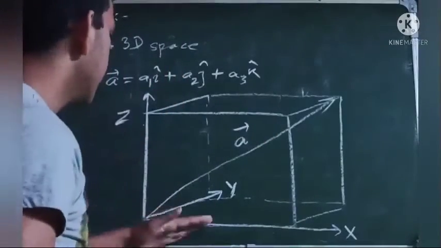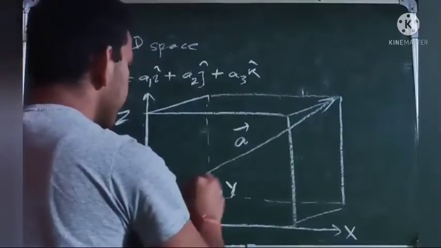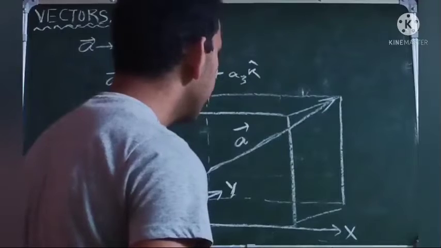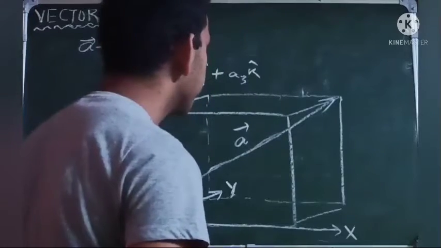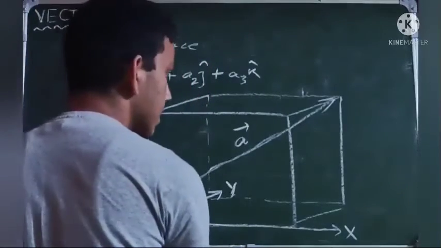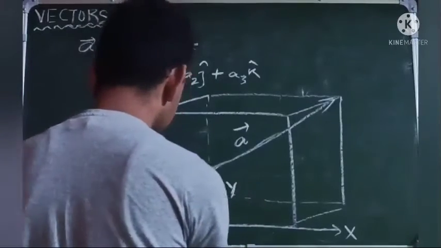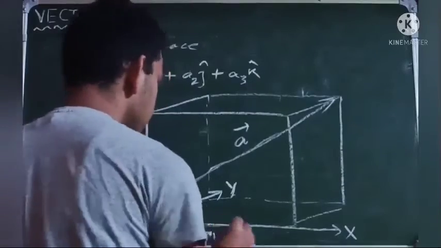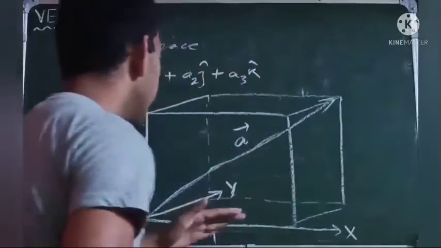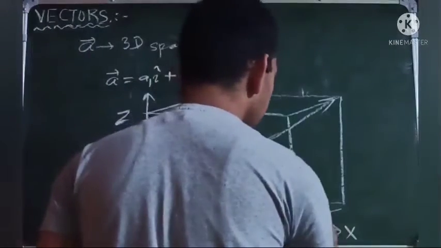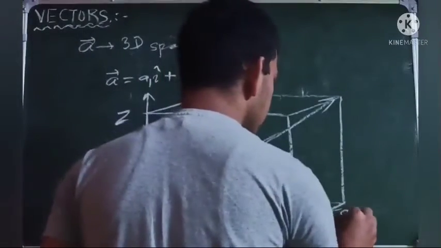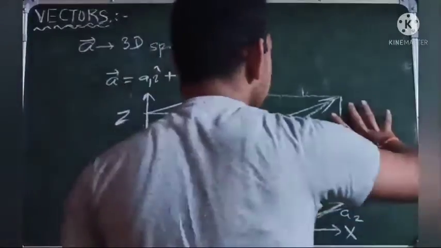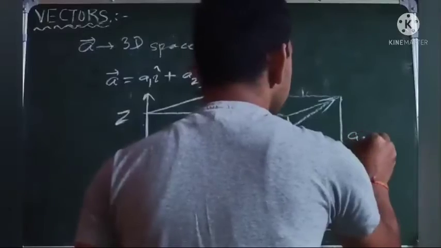Then its x component, that means its projection in the direction of x-axis, is going to be this one, which is a1, and its component in the direction of y-axis is going to be this one, which is a2, and its component in the direction of z-axis is going to be this portion, which is a3.